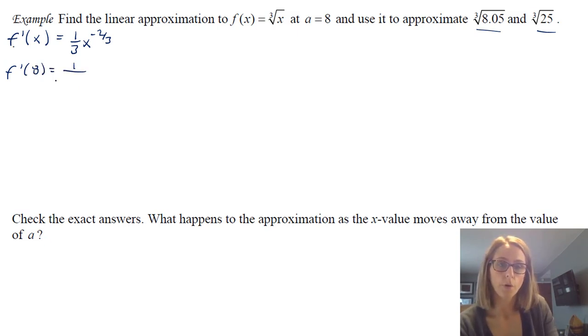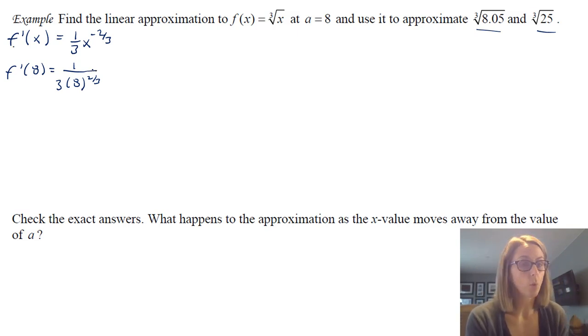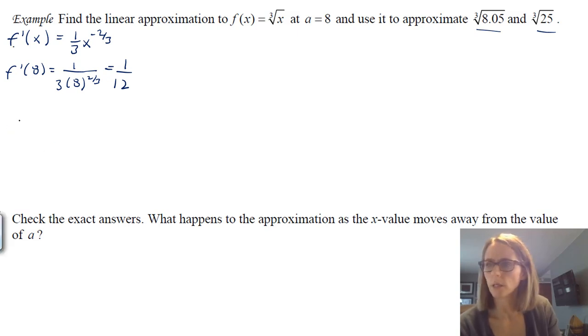We have 1/3 times 8 to the 2/3. 8 to the 2/3 is the same as the cube root of 8 squared. Either way, the point is you're going to get 4, and this is going to give you 1/12. So we need that value. And then we also need f of 8.